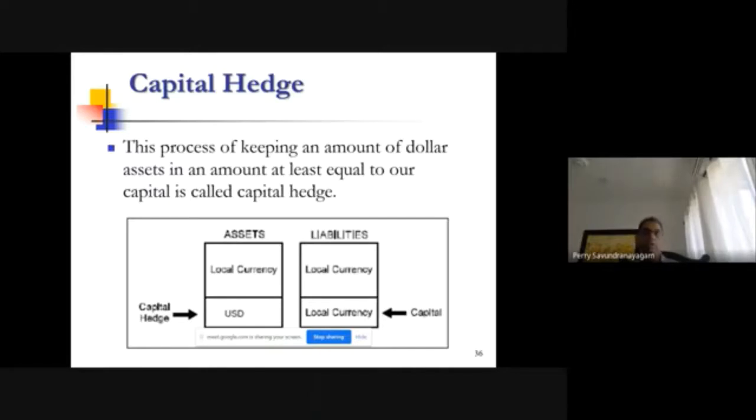It has a cost involved. It's not free, but there are hedging products you can use as well. This capital hedging strategy that's been mentioned here is purely synthetic, in the sense that it is done by just managing your balance sheet assets, rather than using a product to hedge it.